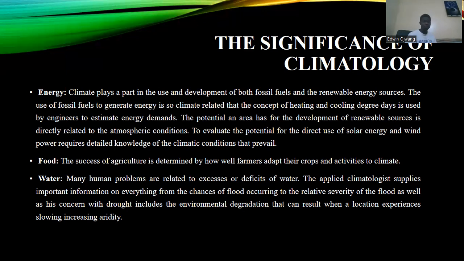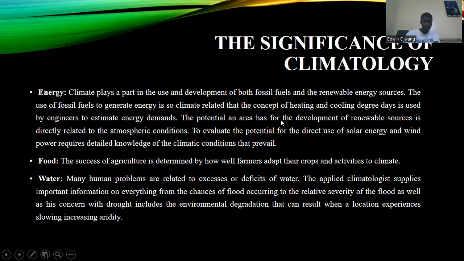The potential an area has for the development of renewable sources is directly related to atmospheric conditions. To evaluate the potential for the direct use of solar energy and wind power requires detailed knowledge of the climatic conditions that prevail.